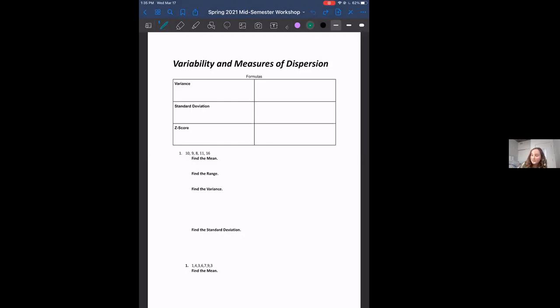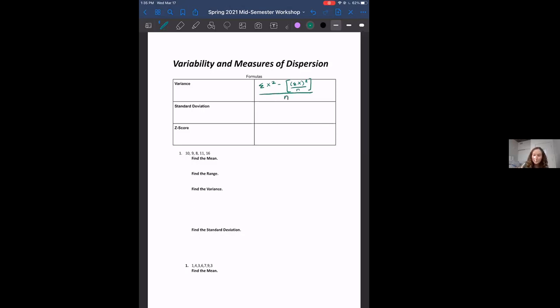I'll give it. The formula for variance is the sum of x squared minus, in brackets, the sum of x in parentheses squared divided by n, and then the whole thing is divided by n.